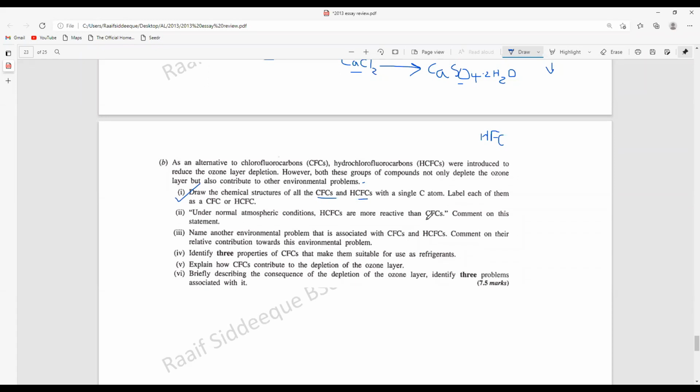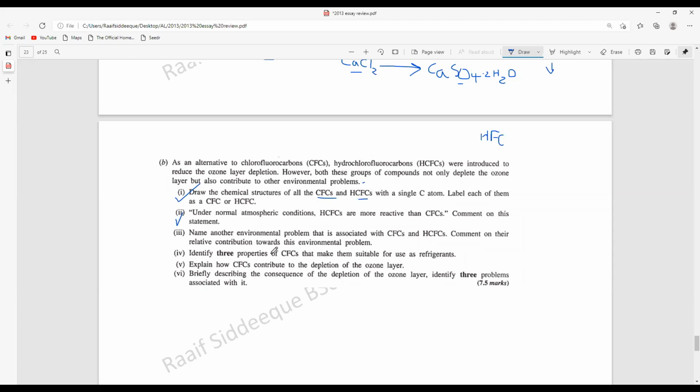There is one hydrogen in the hydrochlorofluorocarbons, and this carbon-hydrogen bond is not as strong as the carbon-fluorine bond in CFC. So this bond can be easily broken down. That is why this reaction is very fast even in the lower atmosphere, and they get destroyed quickly before moving on to the upper stratosphere. So hydrogen is beneficial here.